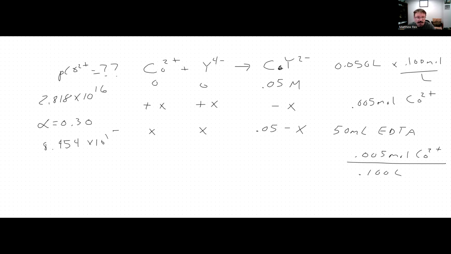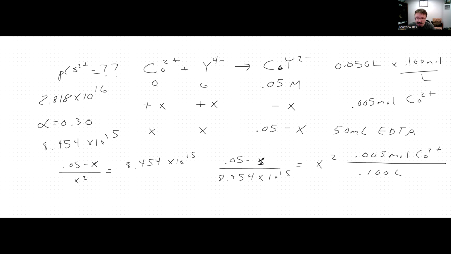So what we've got is 0.05 minus x over x squared equals 8.454 times 10 to the 15. I can rewrite that, isolating that x squared term. The value I'm dividing by is very, very large, so I'm going to throw x out.